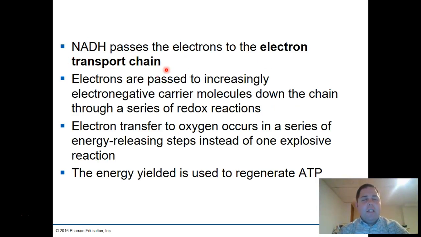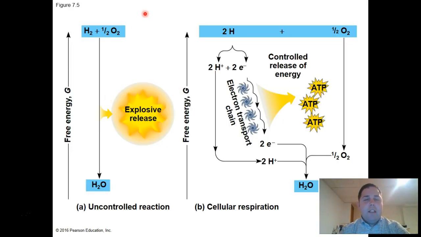So in this electron transport chain, we're going to pass these electrons down through a series of molecules, stepwise, to release a little bit of energy at a time. So we compared this to simply combusting hydrogen here, right?